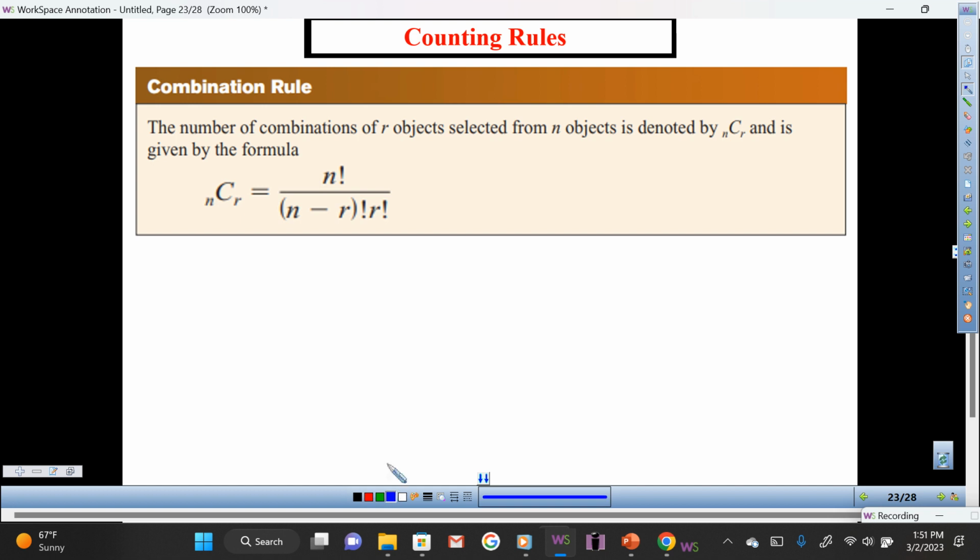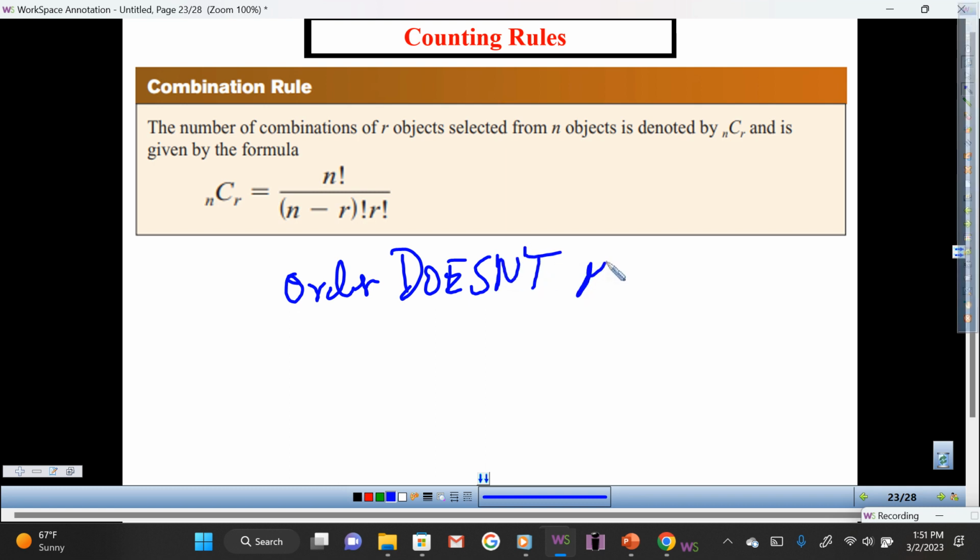I want you to write somewhere, order doesn't matter. So when they're giving you a situation, whatever that situation is, then we use this rule, and that's when the order does not matter. That's why it's just called a combination rule, simple combination rule.